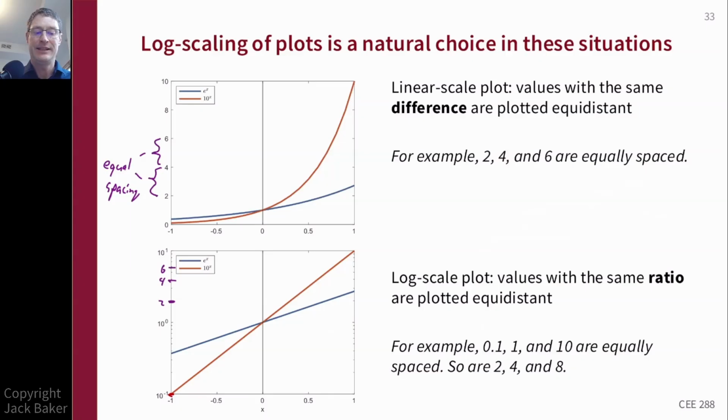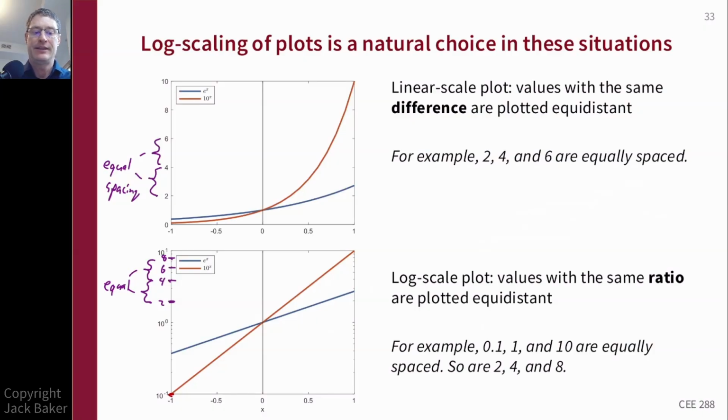So we don't maintain that equal spacing from the linear case. Instead, let's go up a couple more. I'm going to go up to 8. If we look at the distance between 2 and 4 and the distance between 4 and 8, those are equal. So changing by a factor of 2 in value corresponds to equally spaced intervals on a log scale plot.